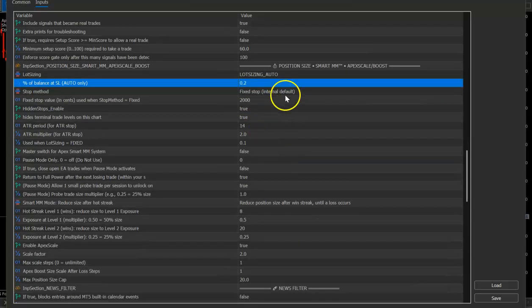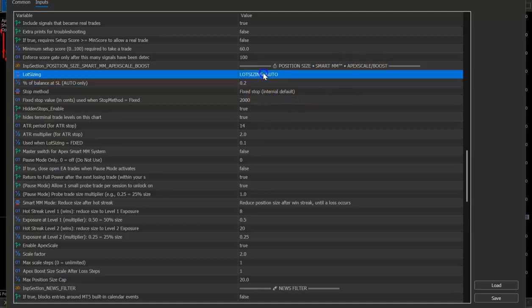So next is position size, smart money management, Apex scale, and boost. We have two types. We have auto risk or fixed. Basically, auto is a percentage of the account per trade, and fixed is just a fixed lot size.